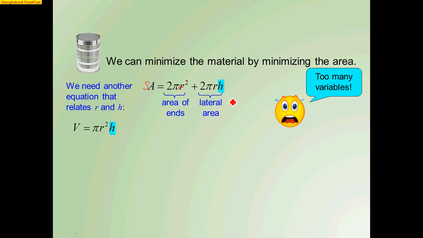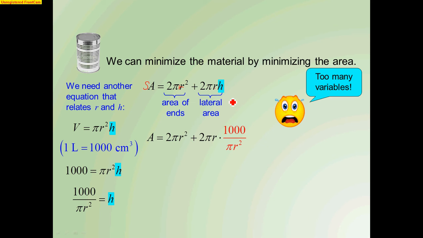Now they did give me some volume information. There was something in the problem about cubic centimeters. That's a volume issue. So why would they give me volume when we were talking about surface area? Well, with the volume, I can use the equation pi r squared h, replace 1,000 for volume, and I get an expression for h. So what am I going to do with that expression for h?